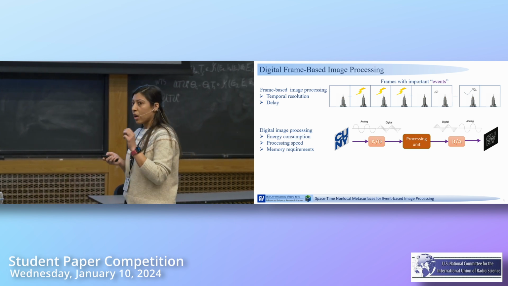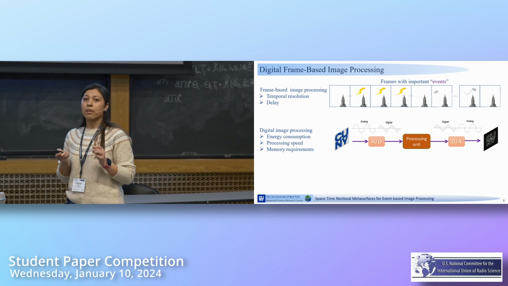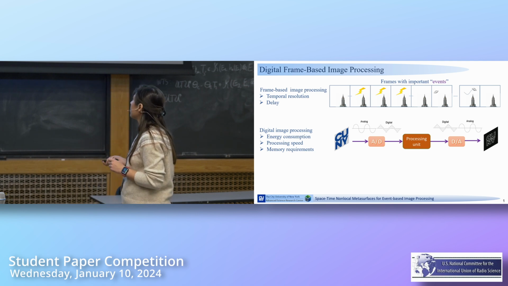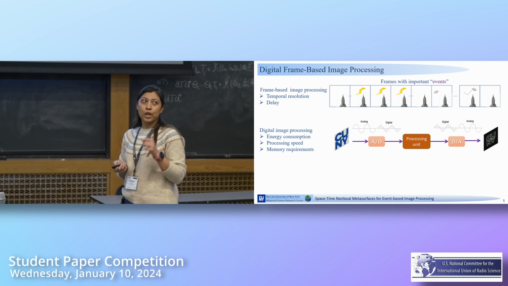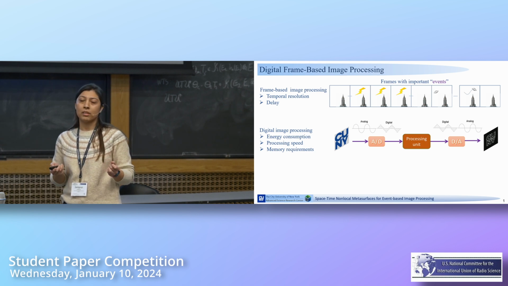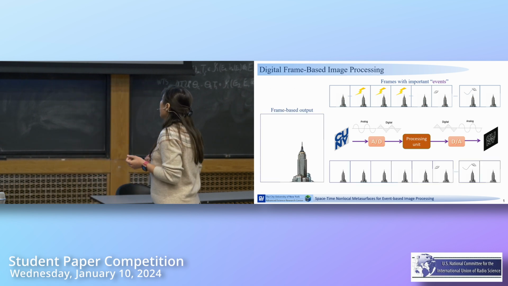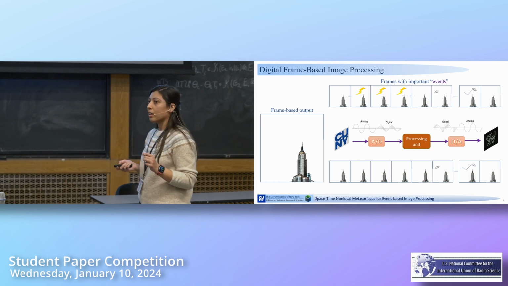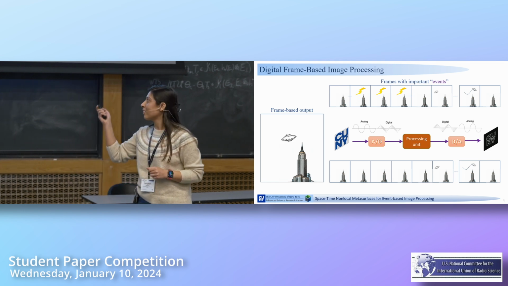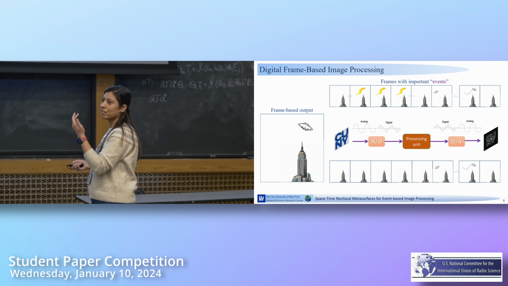Then we process these images to recognize the relevant object, and digital processing requires analog to digital and digital to analog converters, which are bulky, energy consuming, and they require large amounts of memory. So what might happen in frame-based imaging is the following. We completely lost the lightning bolt, and there's a time delay.